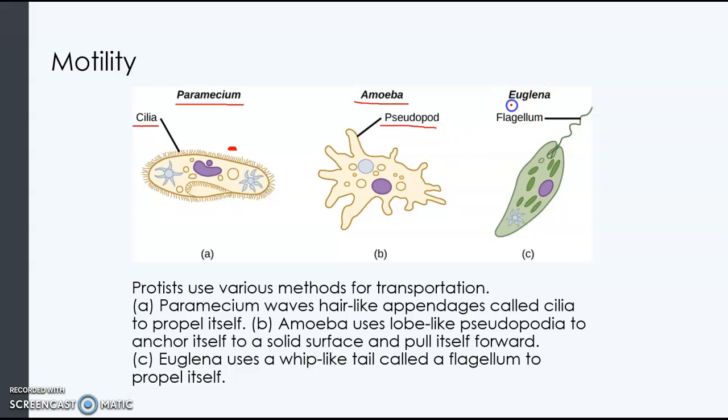And then the euglena contain a flagellum, so they're able to swim. And as far as food, the Paramecium and the Amoeba are heterotrophs. The Euglena is actually a mixotroph. It can ingest food, but also you can see these chloroplasts here. It can also make its own food.